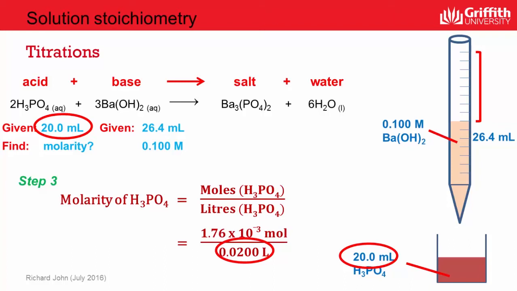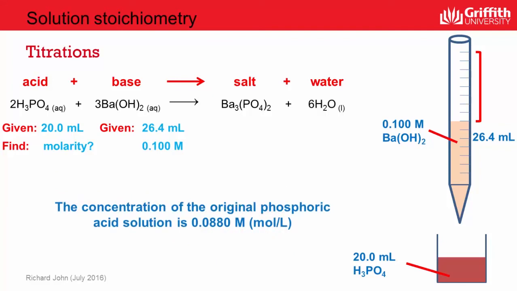We knew it was 20.0 millilitres, and we've just converted that into litres, 0.0200 litres. When we put that into our calculators, we get a concentration of phosphoric acid of 0.0880 moles per litre, or 0.0880 molar. So the concentration of the original phosphoric acid solution is 0.0880 moles per litre.